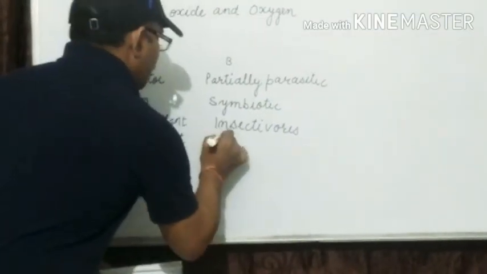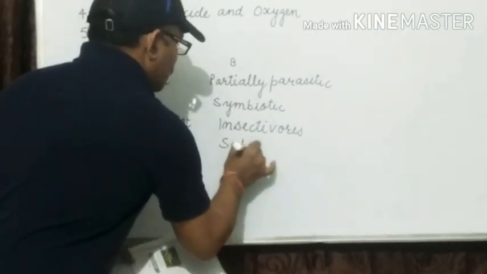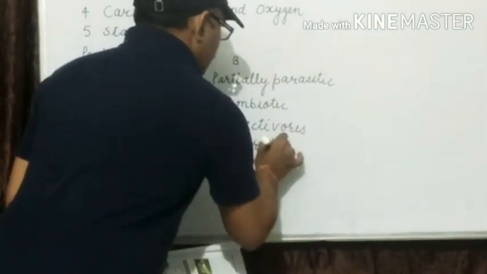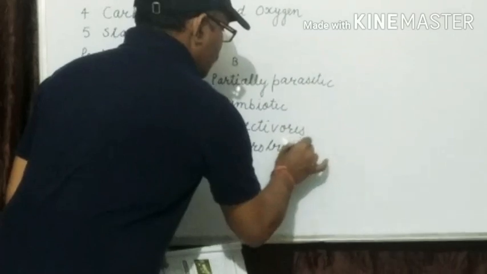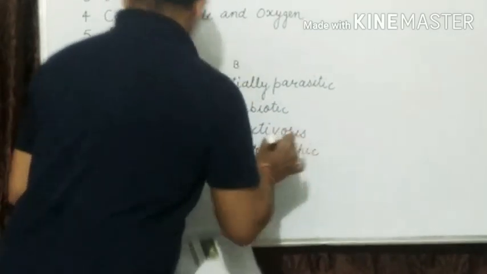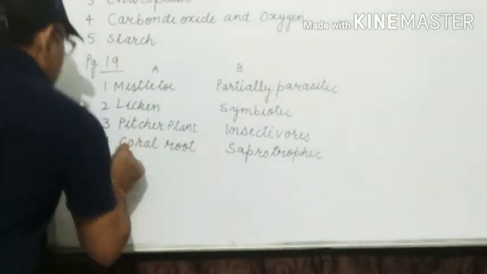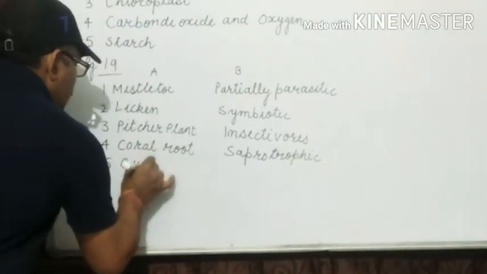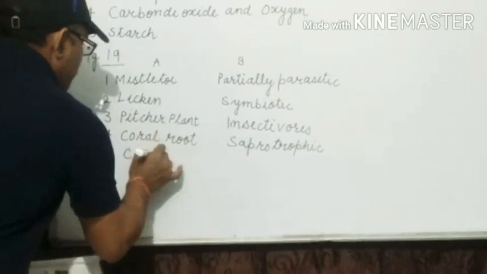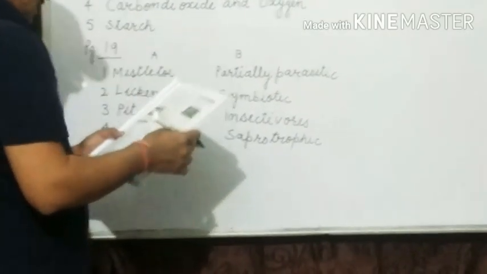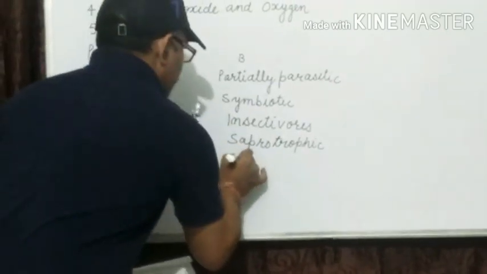Answer is saprophyte, saprotrophic. Fifth, Cuscuta. Answer is completely parasitic.